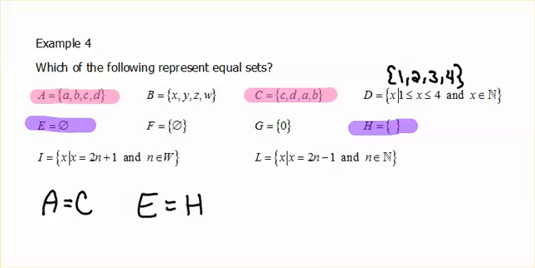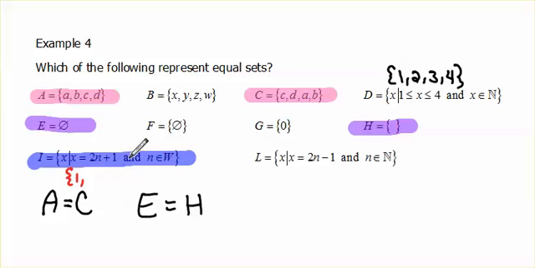All right, now finally we have this really weird set here, I, which is the set of all x's such that x is equal to 2n plus 1, and n is an element of the whole numbers. Let's write out a few of those so we see what we're talking about here. The whole numbers start at 0, so if I put a 0 in here, 2 times 0 would be 0 plus 1 would be 1.